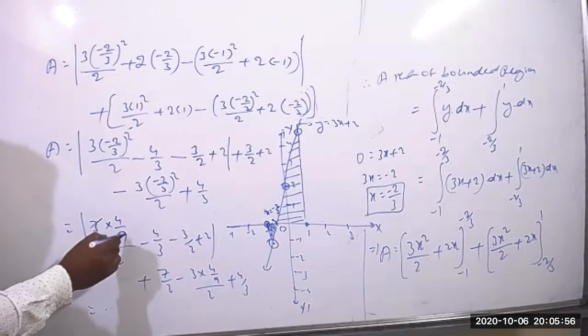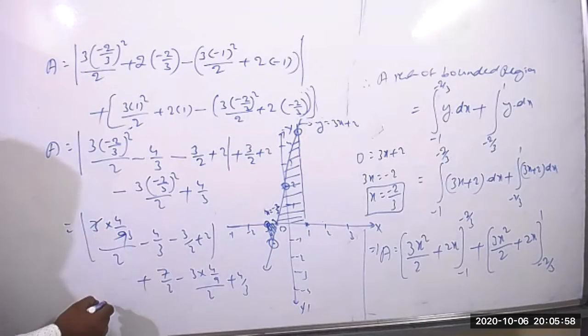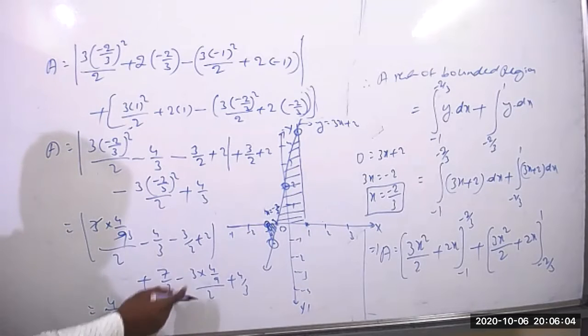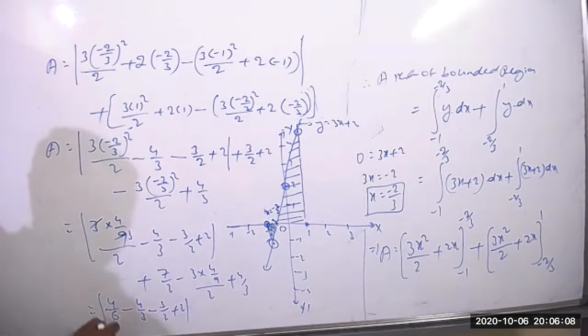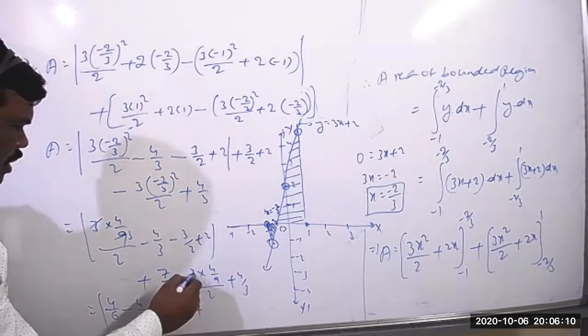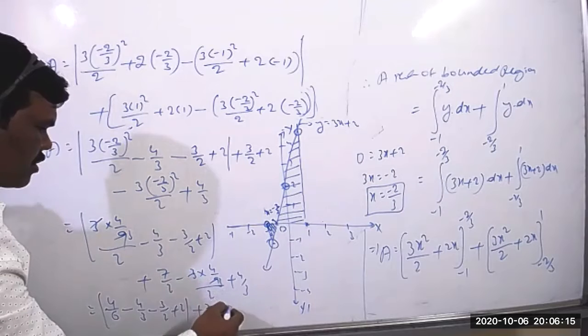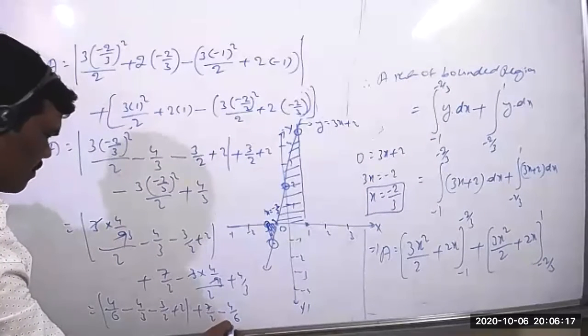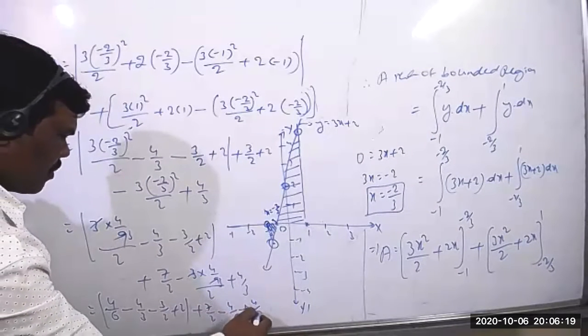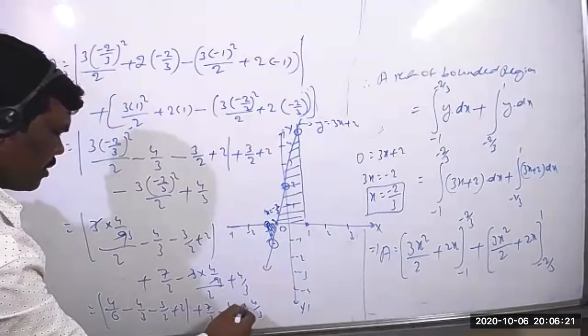In this number 3 times, so it is 4 by 6, minus 4 by 3, minus 3 by 2 plus 2, plus here also 3 in this number 3 times. So 7 by 2 minus 4 by 6 plus 4 by 3. I'll calculate everything.